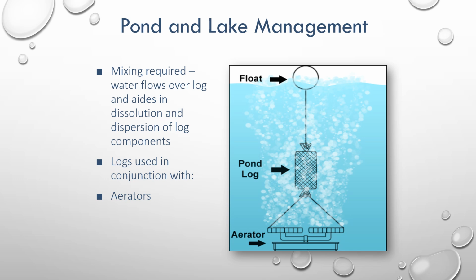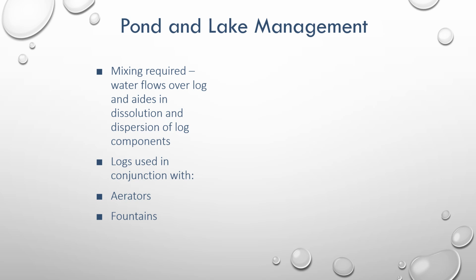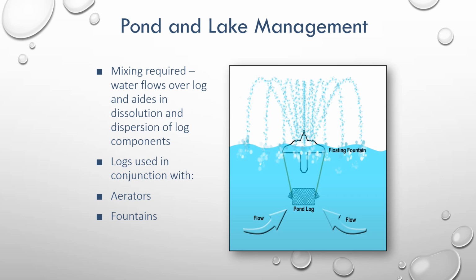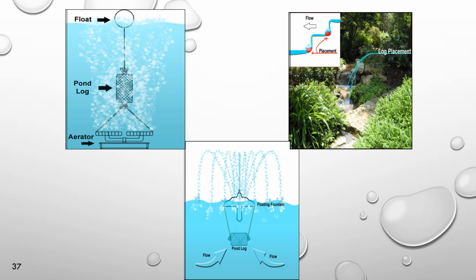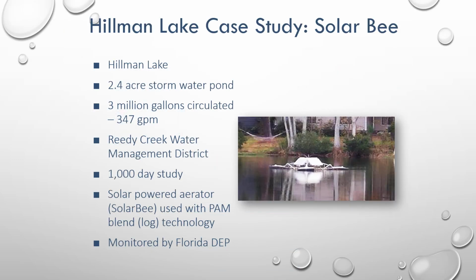In order to get enough mixing and reaction, we need to use this in conjunction with things like aerators, fountains, waterfalls, and circulators, tied off into the flow, anything that can get vigorous movement and mixing so we can get flocs forming and remove the particulate from the water column.